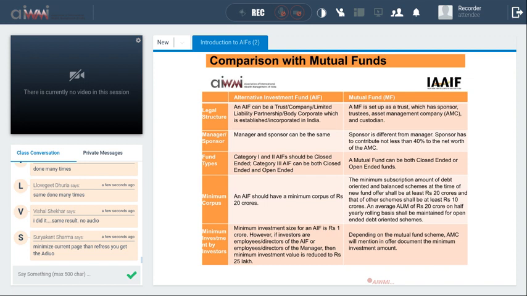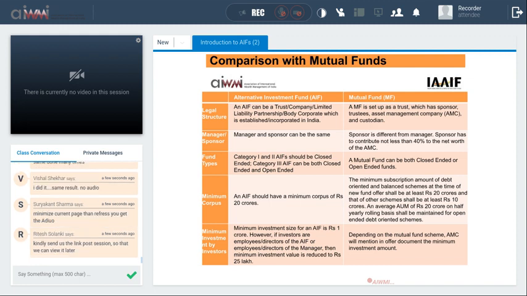However, the trustee may not have the expertise of capital markets, which is why the trustee company appoints an asset management company. If I take an example of a mutual fund like HDFC Mutual Fund, the mutual fund itself is a trust.